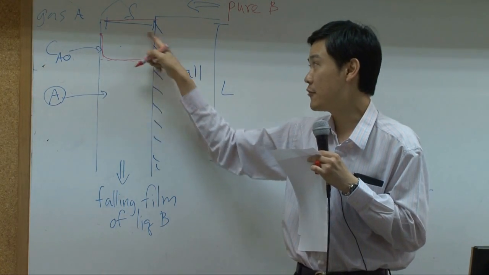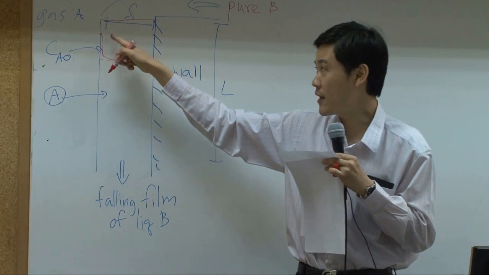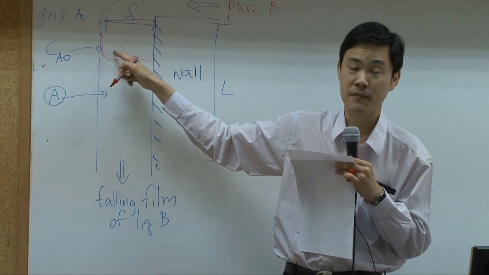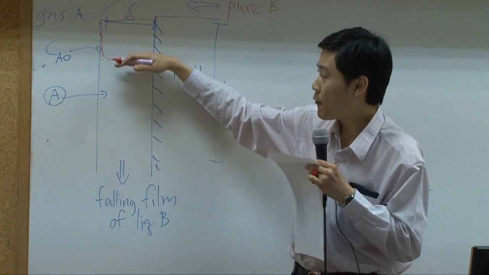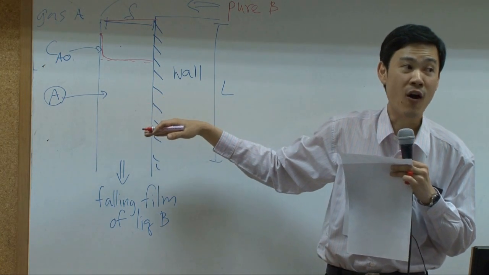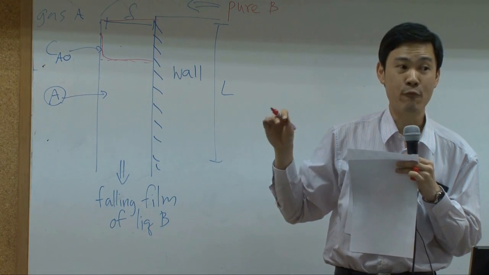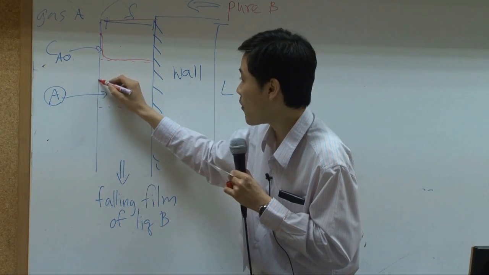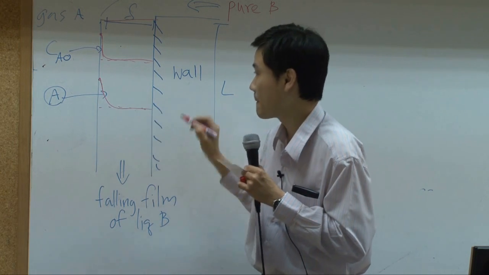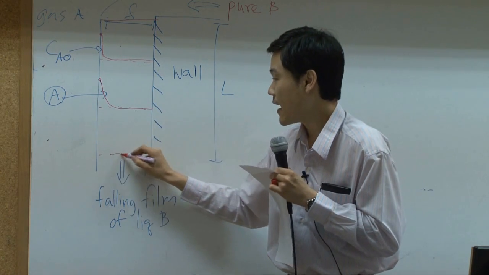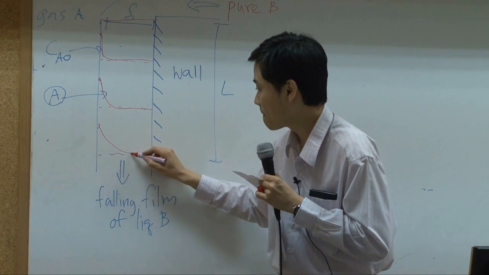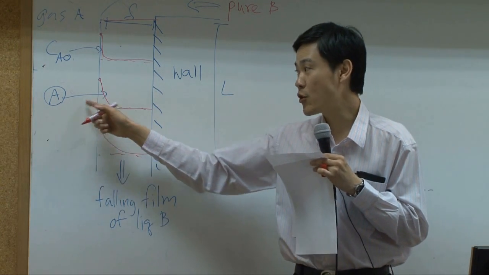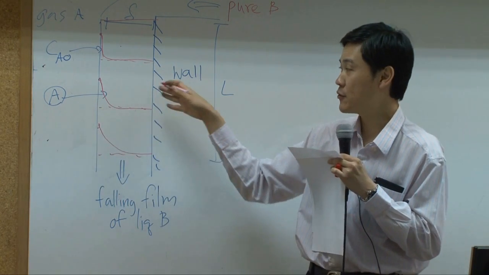That means this area has not been exposed to A yet. Only on the surface that A reached does it dissolve into B. Once the liquid flows downward, it would have longer residence time for contact with A. So therefore, A would dissolve into liquid more and more. Down here, you get something like this. Because A would have more chance to swim into this liquid.